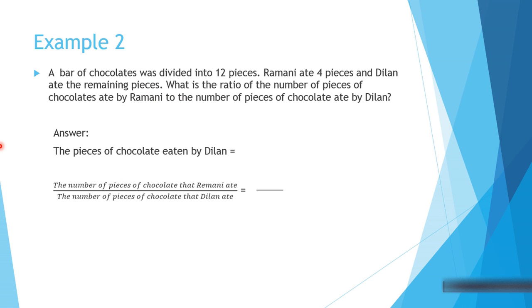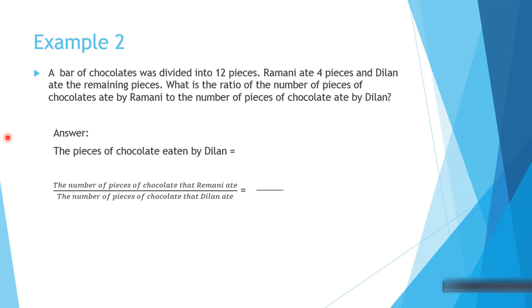So let's underline the important keywords first. Bar of chocolate into 12 pieces. Ramani ate 4 pieces. Dylan ate the remaining pieces. Ratio of the number of pieces eaten by Ramani to the number of pieces eaten by Dylan.